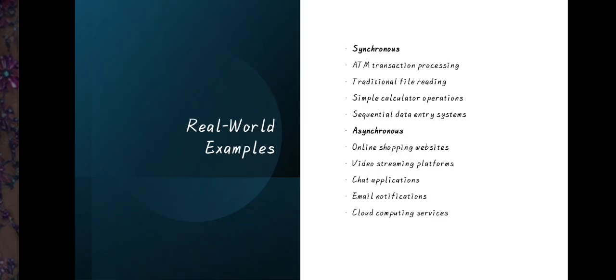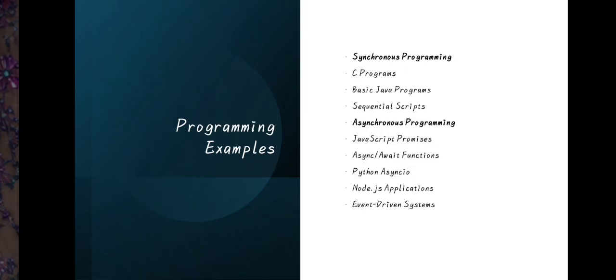Real-life examples: synchronous for ATM transaction processing, traditional file reading, simple calculator operations, sequential data entry systems. Asynchronous for online shopping websites, video streaming platforms, chat applications, email notifications, cloud computing services. These are the examples of synchronous and asynchronous.